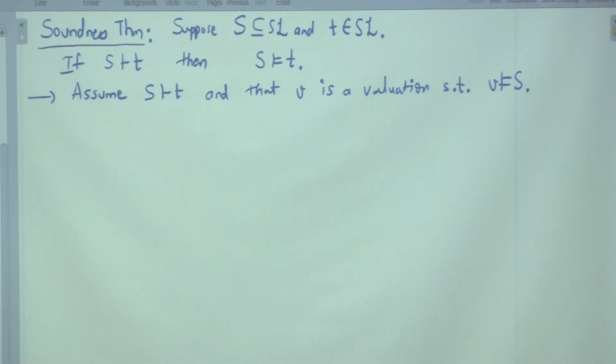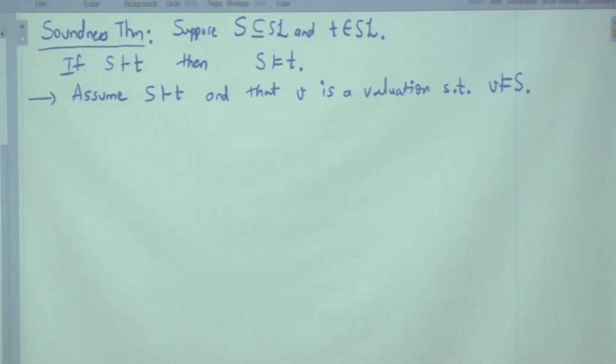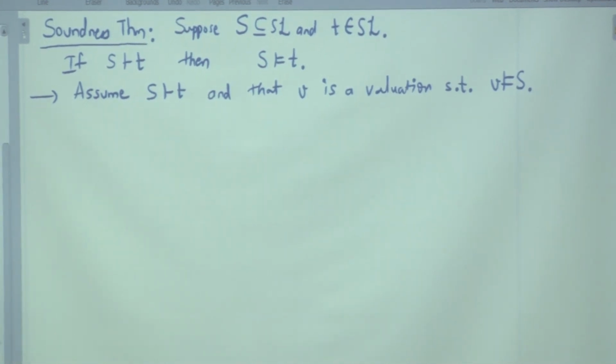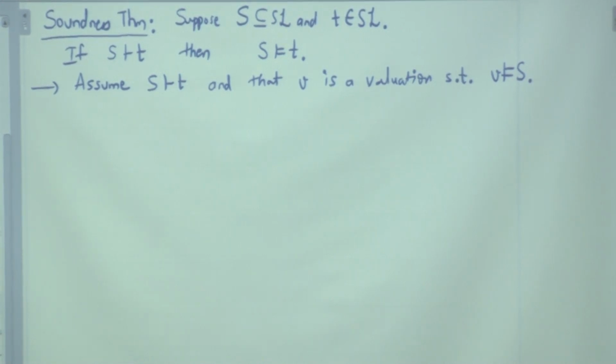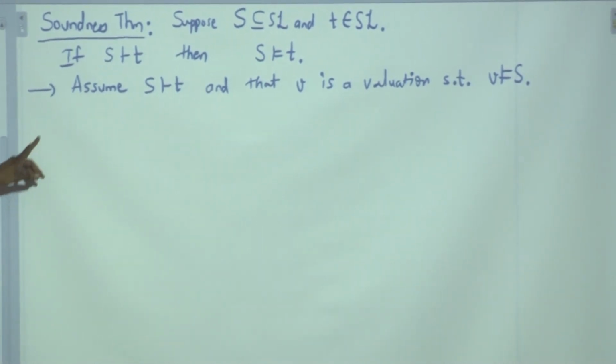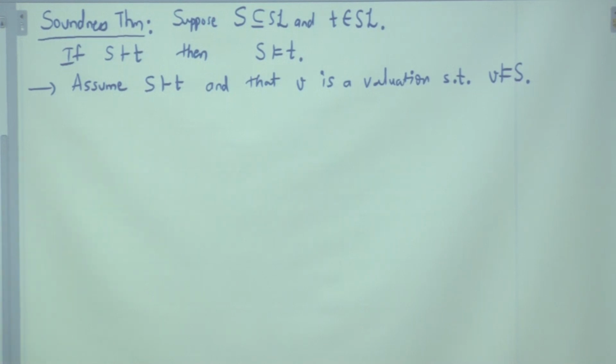To recall, V of capital S is true means V of little s is true for all small s in capital S. Now we have a proof of T from capital S.